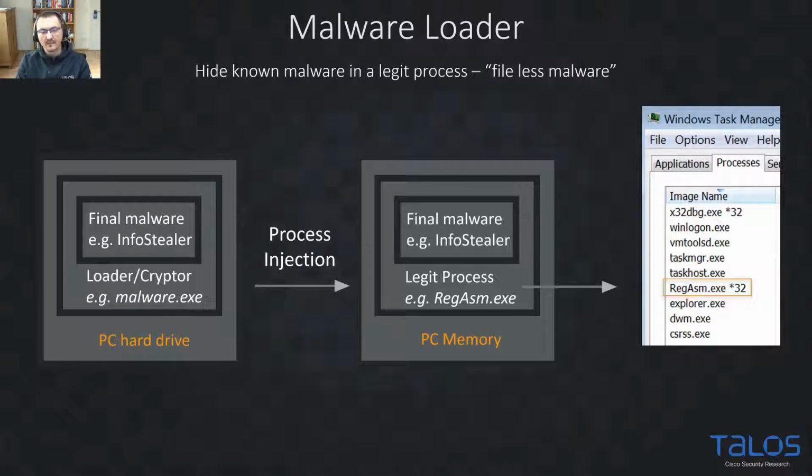And with this technique, you can even hide known malware, like known information stealers like Agent Tesla or something like that, pretty easily inside of legit applications. And it makes it much harder, again, for behavior-based systems, for anti-malware systems, to detect the whole thing.